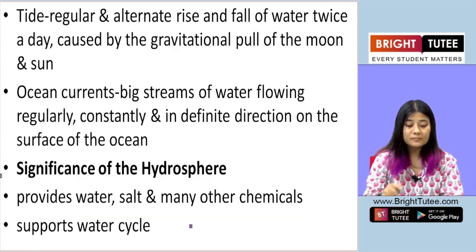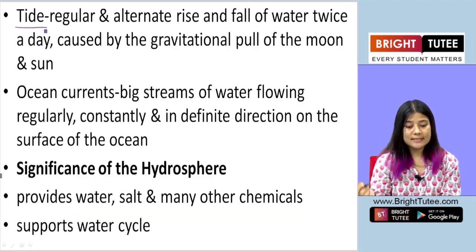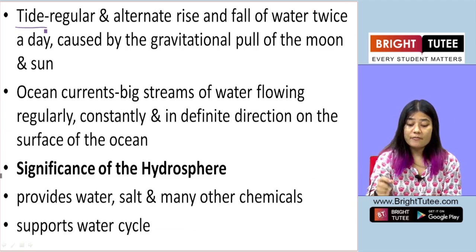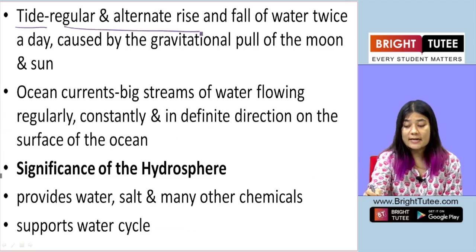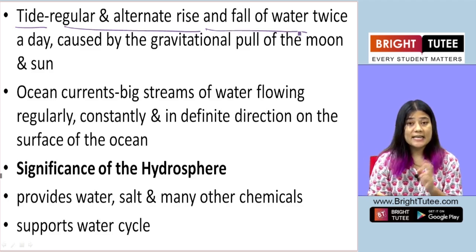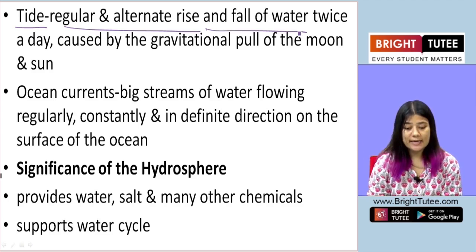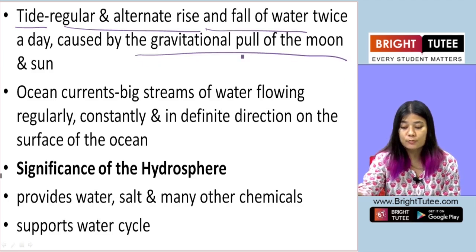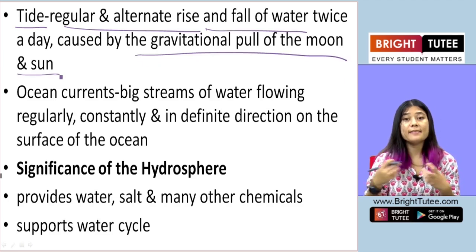Okay? Tide. What is a tide? Tides are regular and alternate rise and fall of water, just like waves, but it is caused twice a day by the gravitational pull of the moon and the sun.